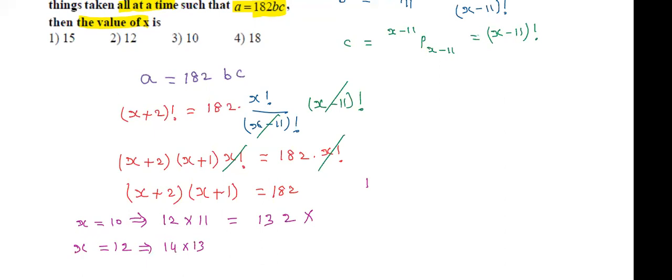How much, friends? 13 fours are 52, 13 ones are 13, 182. This is correct. So, what is the correct answer now? x is equal to 12. Second option correct. By the verification method, we identified the answer.